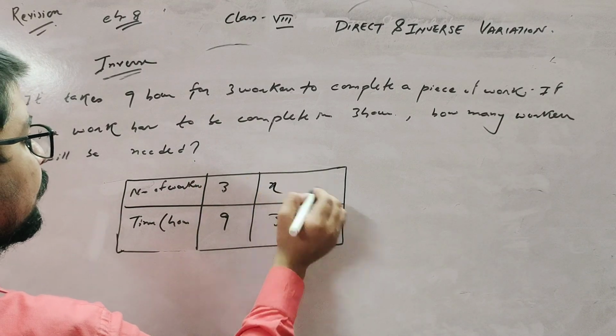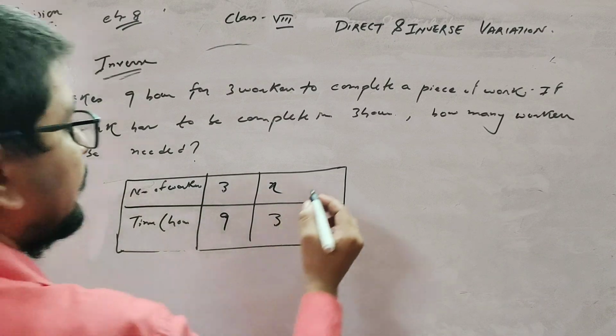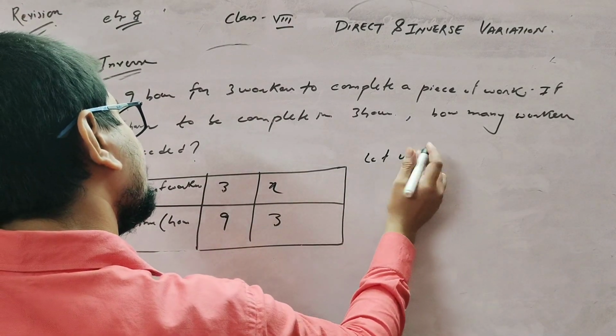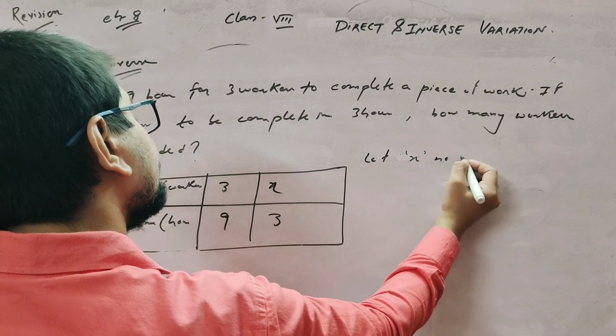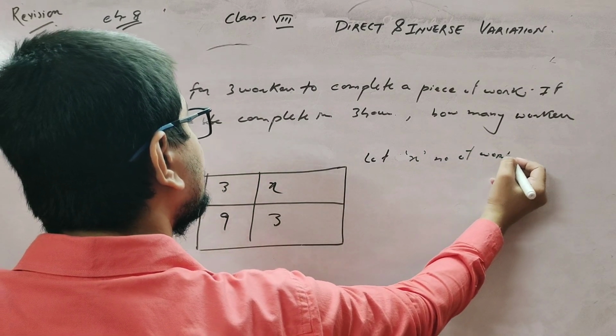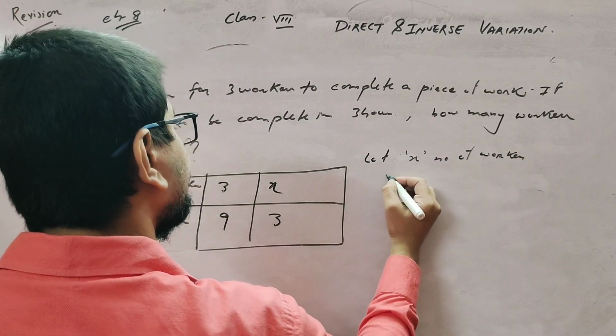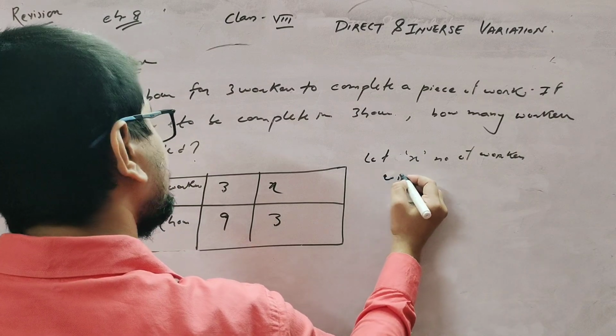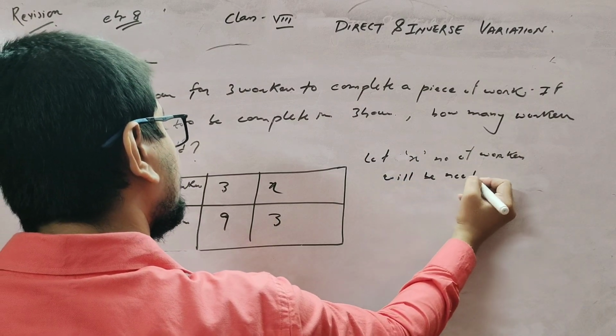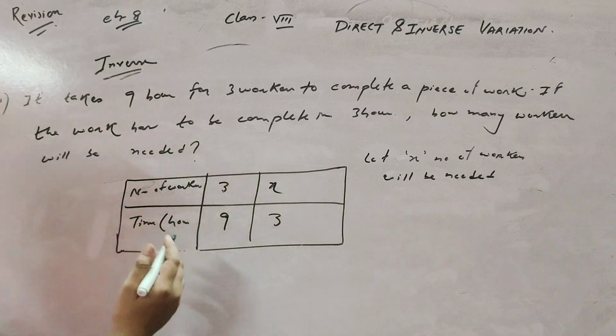How many workers do we need? So let x number of workers be needed. Okay, so this is inverse relation.